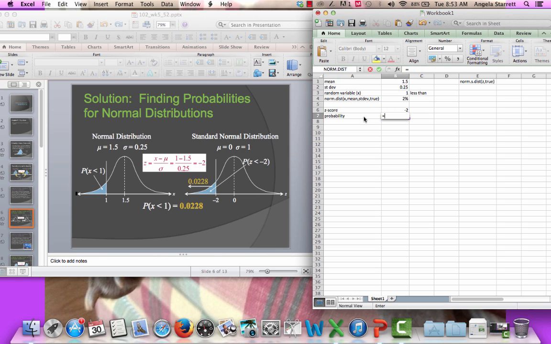All right, and this is equals, now we're doing standard normal, so norm.s.dist of -2, comma, true. And you can see that our probability is identical. Okay, so 2 options to get the same answer. This is obviously much easier using just the plain old normal distribution function, okay, because there was no math to do. We didn't have to do the z-score conversion.